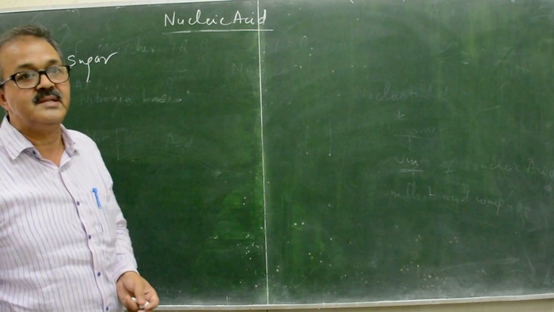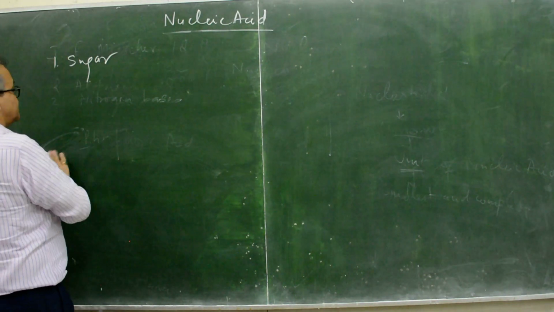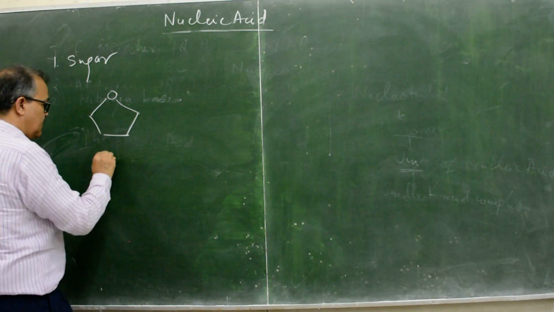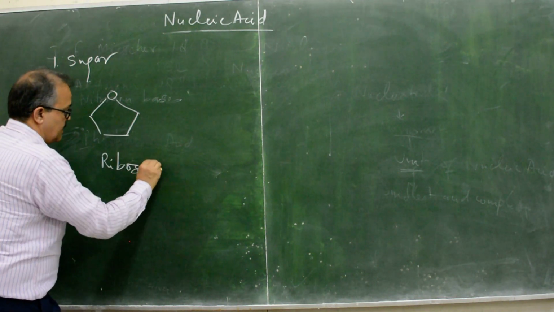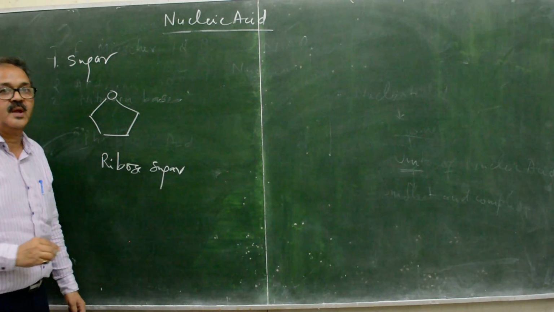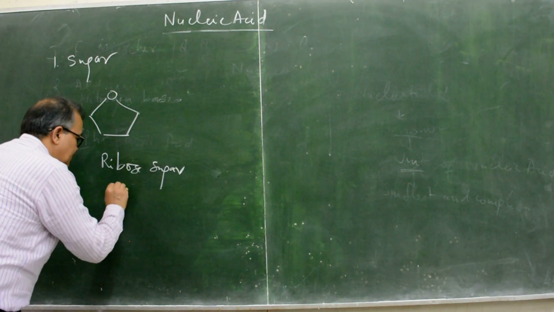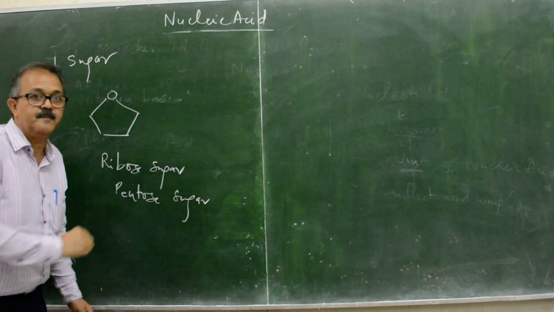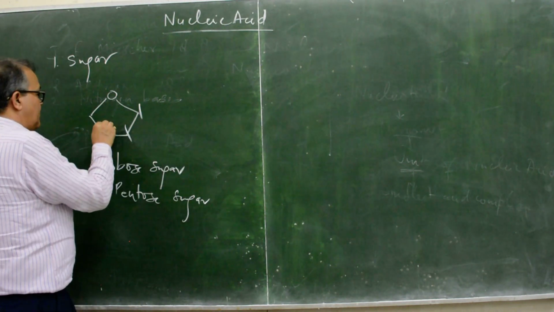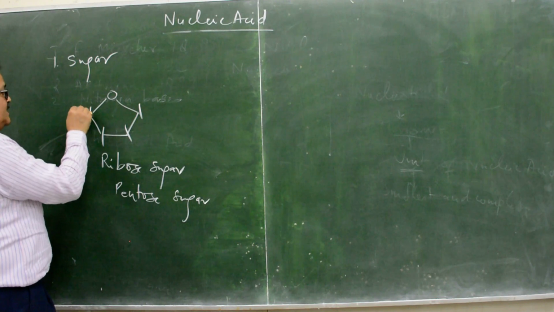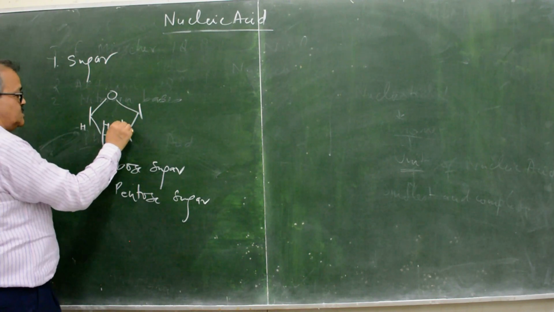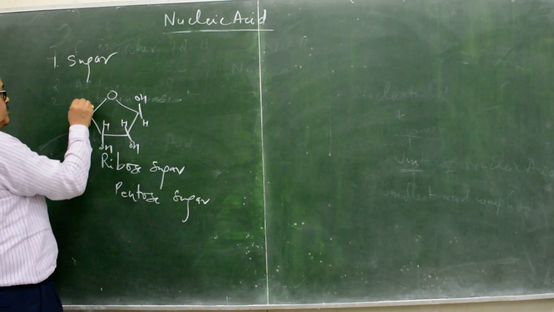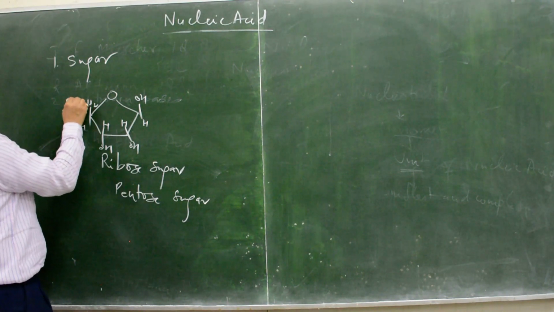The first component is the sugar. The first common sugar is ribose sugar. Since there are 5 carbons, it is known as pentose sugar. You see here hydrogen, OH group, and CH2.